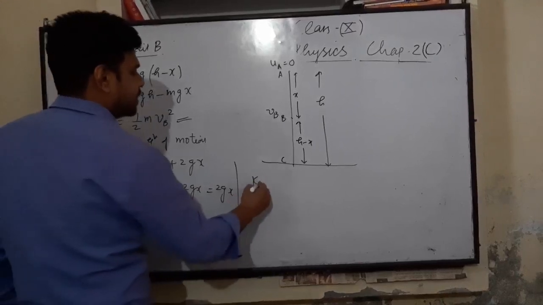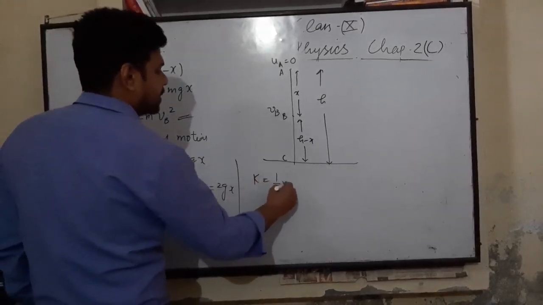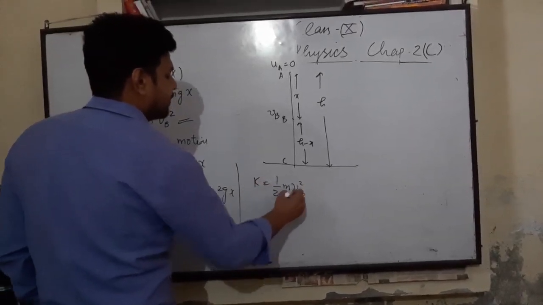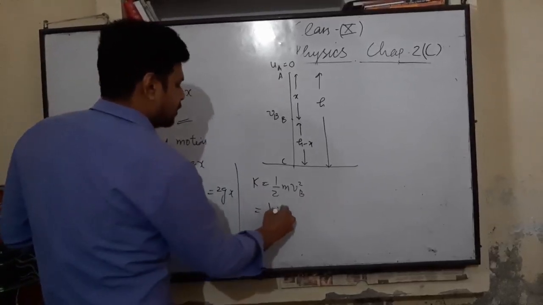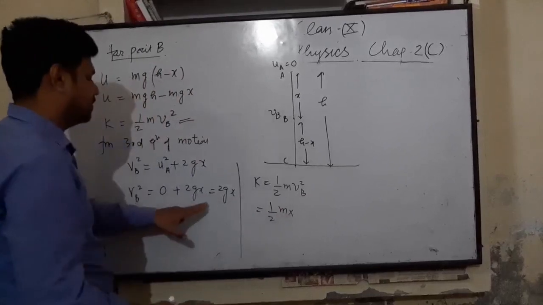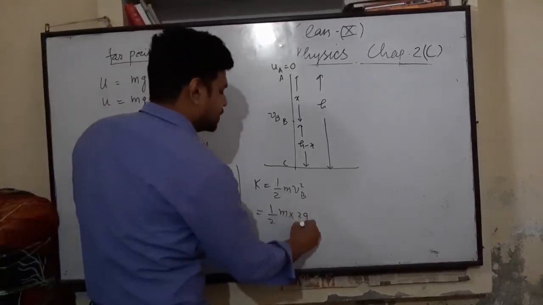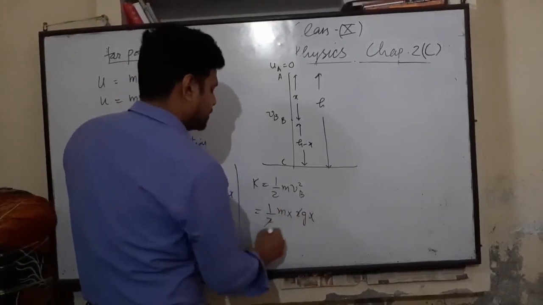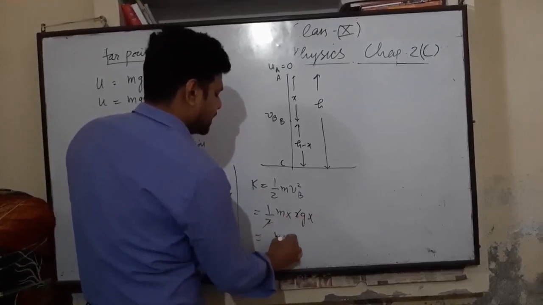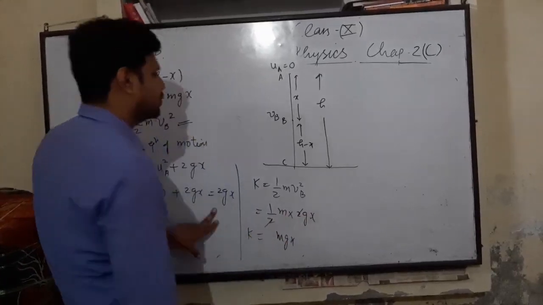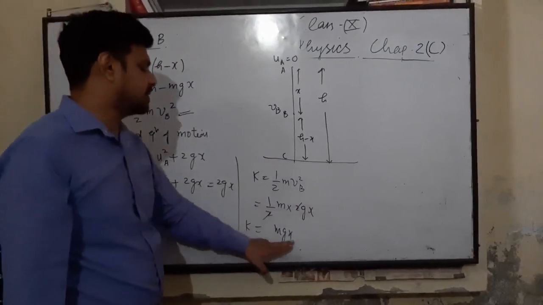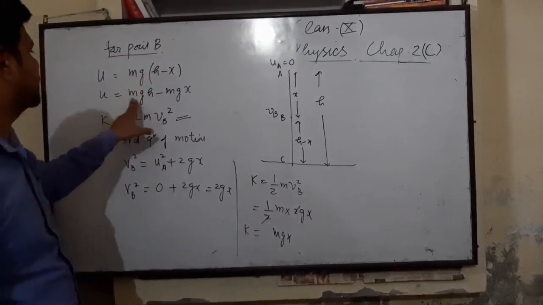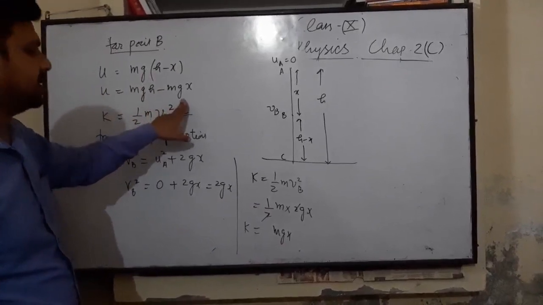Now kinetic energy at point B is given by half m vB square. Put the value of vB square, 2gx, cancel 2 by 2, it is mgx. So at point B, the value of kinetic energy is mgx and the value of potential energy is mgh minus mgx.